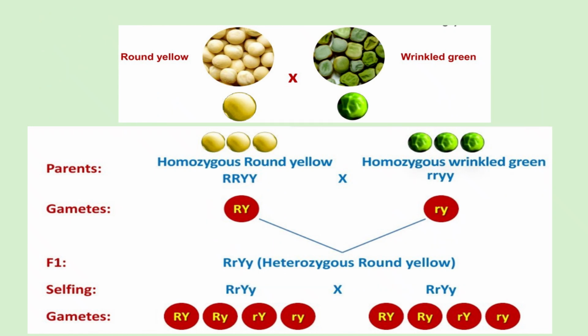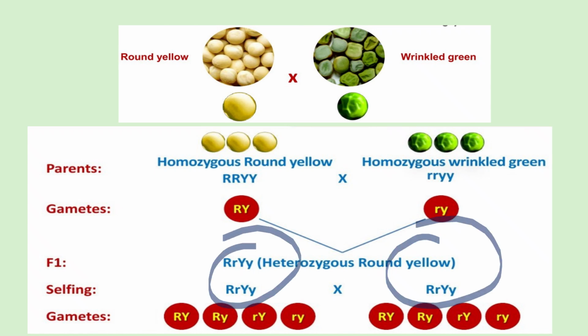Now on selfing of the F1 generation, as we did in the monohybrid cross also, we get four new combinations of genes: capital RY, capital R small y, small r capital Y, small r small y.